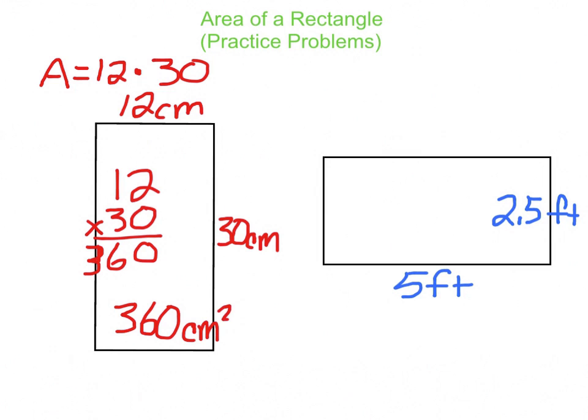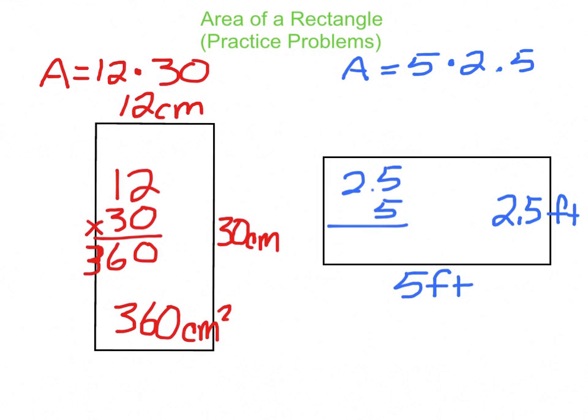On our other problem here, we had 5 and 2.5. So in our formula, we're going to substitute in 5 times 2.5, and we're going to multiply that out. So we have 2.5 times 5. 5 times 5 is 25. 5 times 2 is 10, plus 2 is 12.